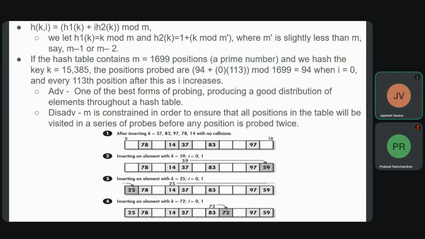After that, we are inserting an element with k equals 59 at i equals 0, 1. 59 is inserted, then inserting an element with k equals 25. It is probed, and now it is checking at the 0th position and is saved. Then inserting an element 72, and it is stored.